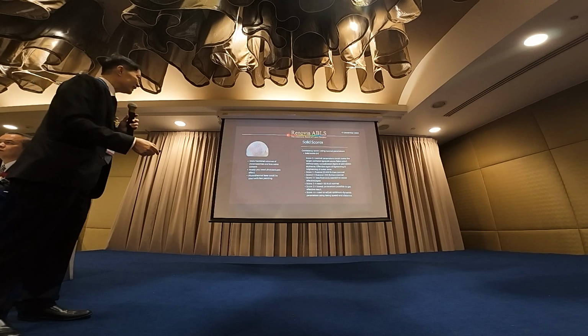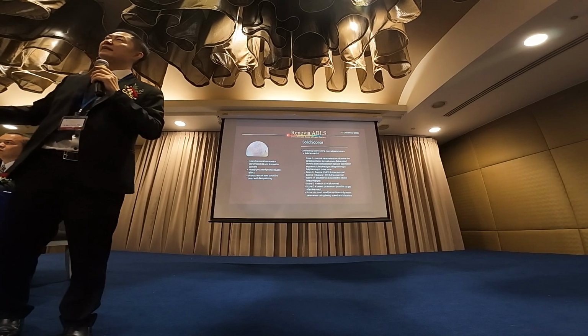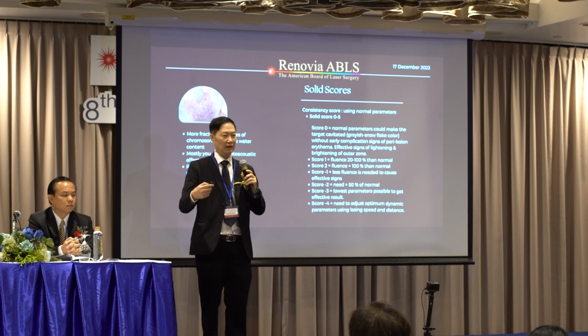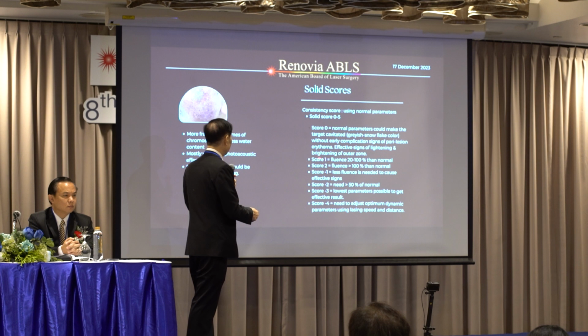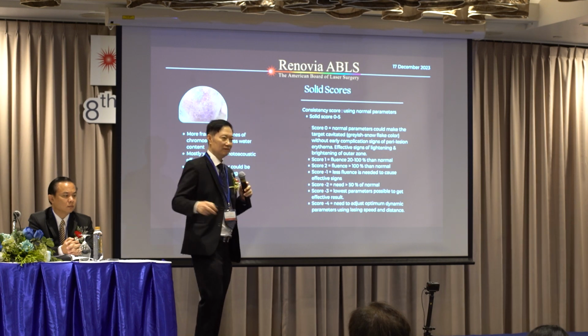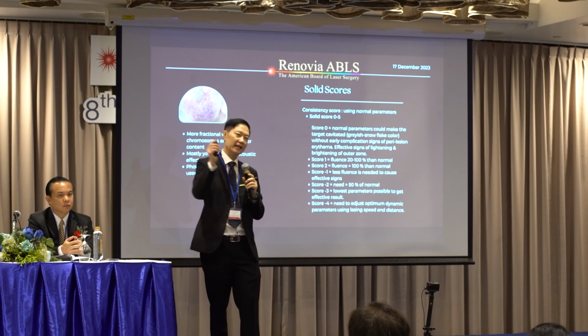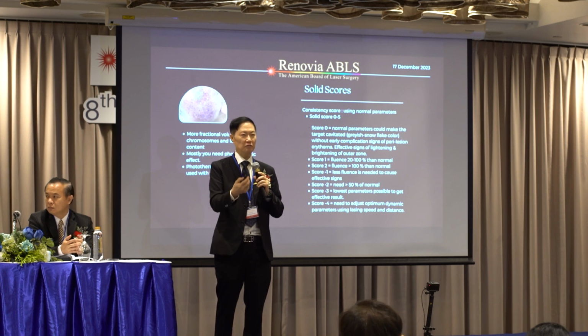And then there is a solid score. Solid score, as I tell you, is a clinical sign. Normal score is 0. Normal score, you just use normal parameter. You can break it to make it become grayish white snowflake.